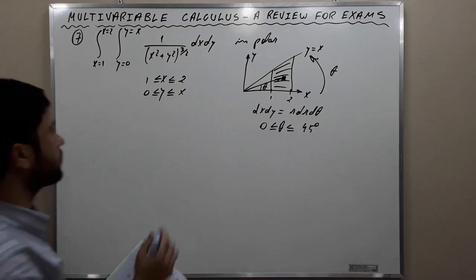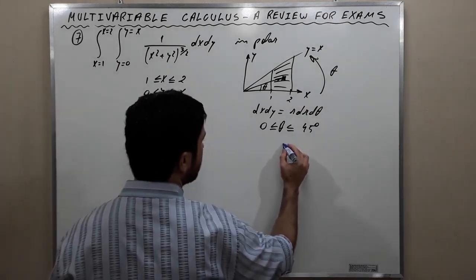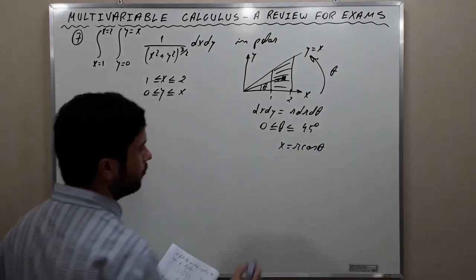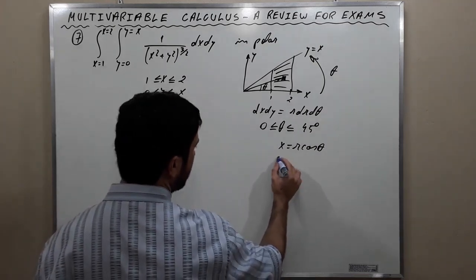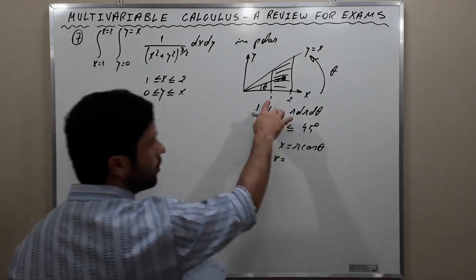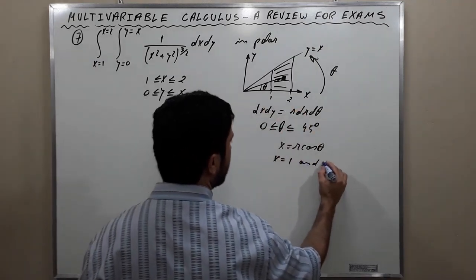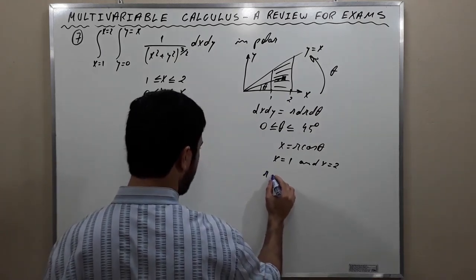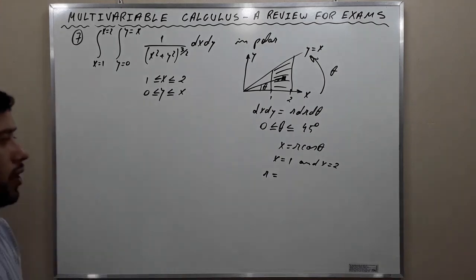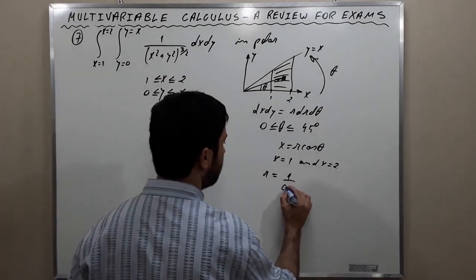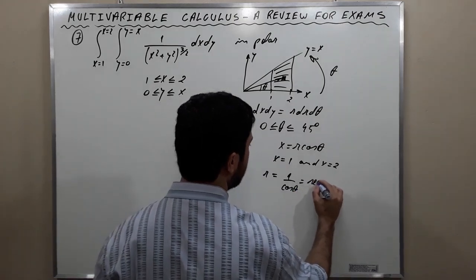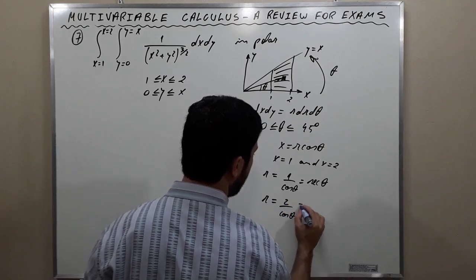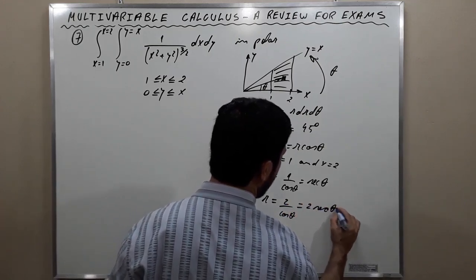And we know that x is equal to r times the cosine of theta, and we know that x can be equal to the limits x equal to 1 and x equal to 2. So r will vary. r is going to be 1 over cosine theta, which is the secant of theta, and r is equal to 2 over the cosine of theta, which is 2 times the secant of theta.